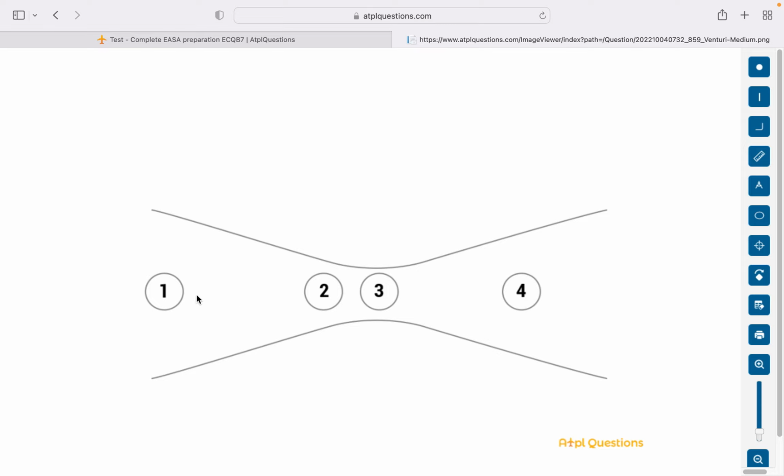So the areas of low speed are 1 and 4. Number 2 has higher speed than points 1 and 4, and number 3 has the greatest speed of all. So the correct answer must be 1, 4, 2, and 3.